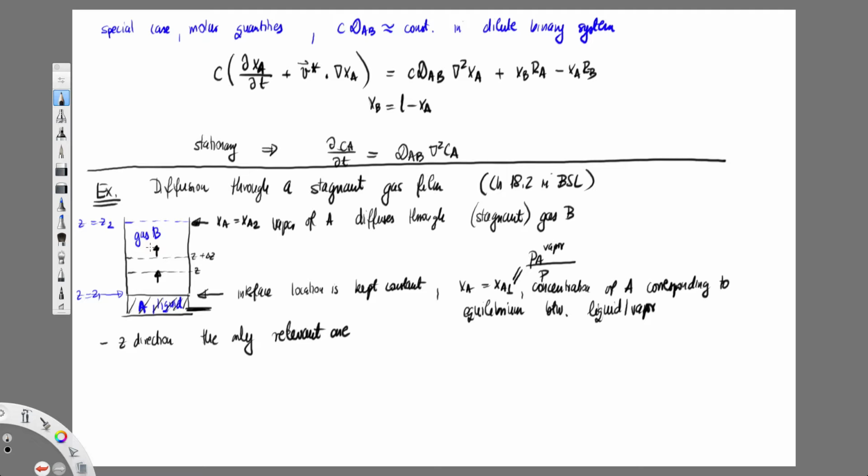Without solving this, can you tell me what this equation is going to look like? d/dz of something is equal to 0, right? No reactions, so therefore 0, steady state. Now, what is that something? N, yes, uppercase N, my combined flux.